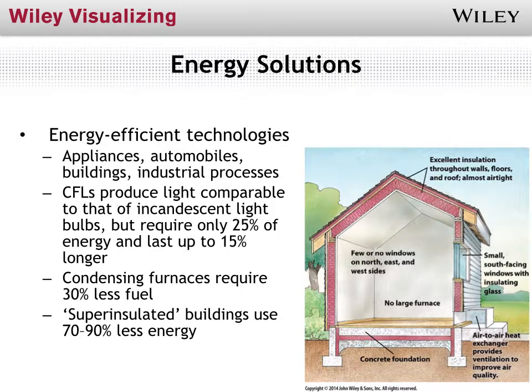So some of the energy efficient technologies that we can continue to improve upon in the United States. Earlier in the chapter, we mentioned the compact fluorescent light bulbs that basically produce a comparable amount of light to an incandescent light bulb, but only about a quarter of the energy, and they last longer, even though they're more expensive. So you're using less energy and they last longer.